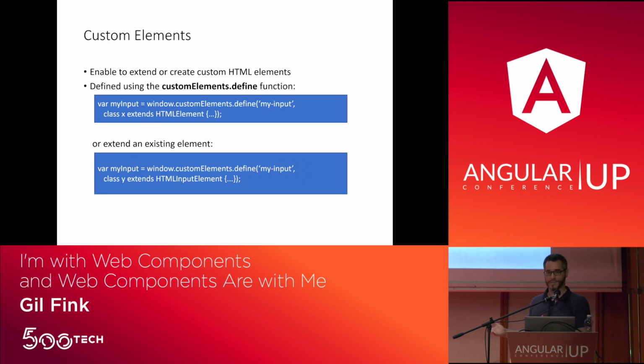Then I can extend HTML input element. And then after I create the class for the element, I just register it in the custom elements registry. The custom element registry lives in the window object, and you just use the define function with the name of the element, and you create your own elements.